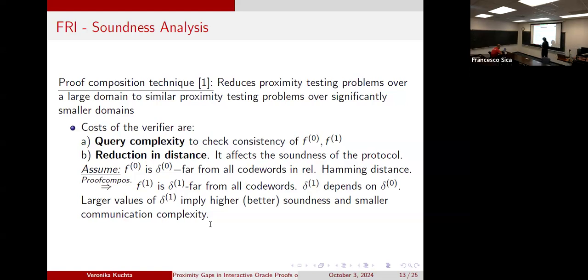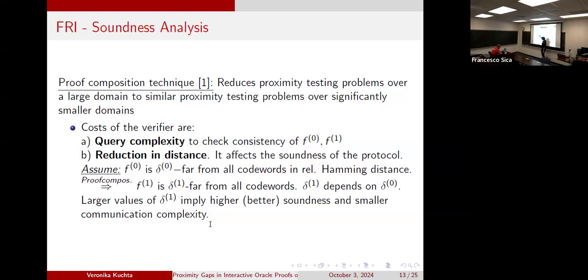So the cost of the verifier in this protocol depends on the query complexity, which, as you remember, the round consistency test requires several queries sent to the prover, and the prover responds to those queries.